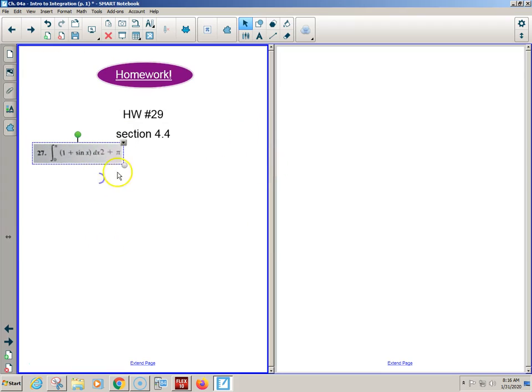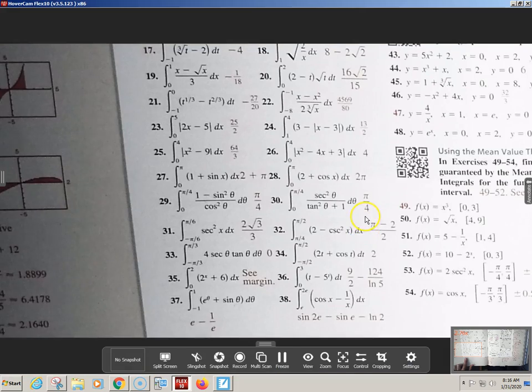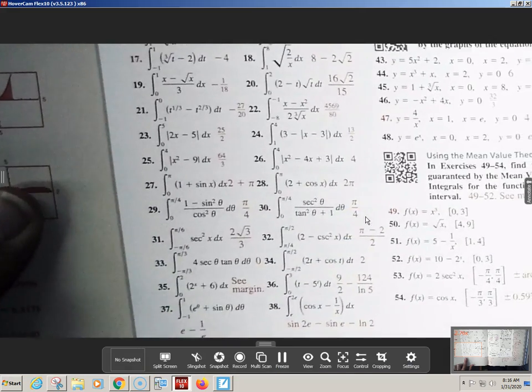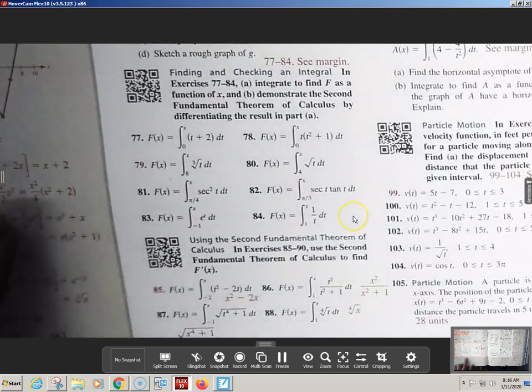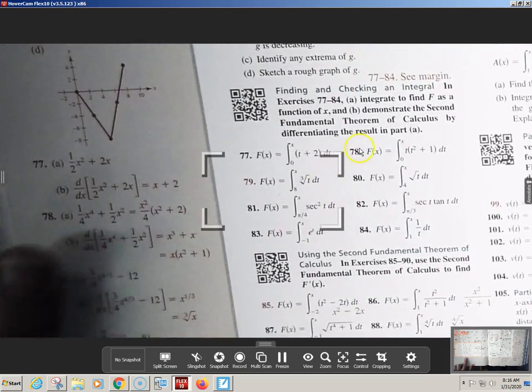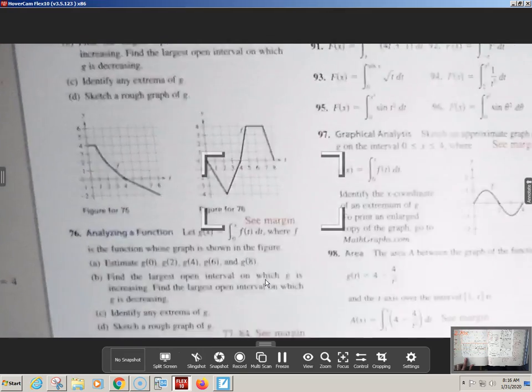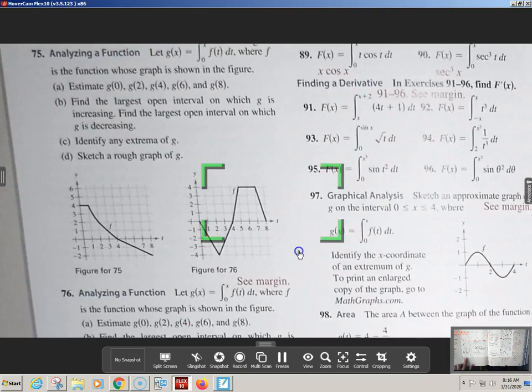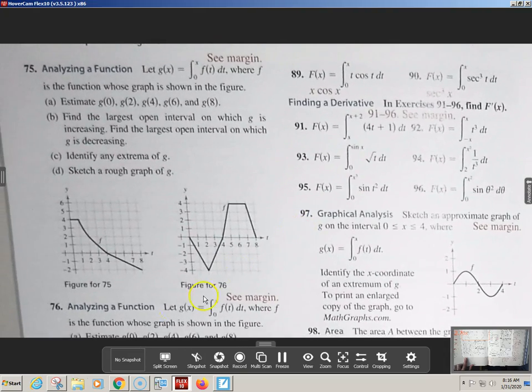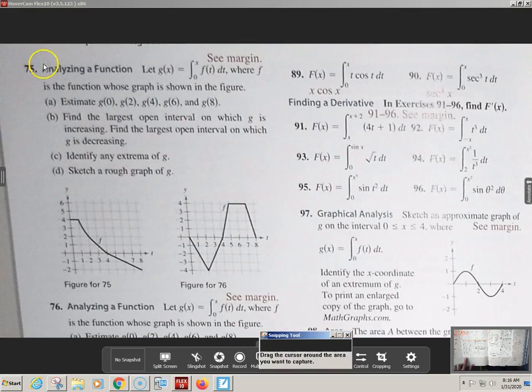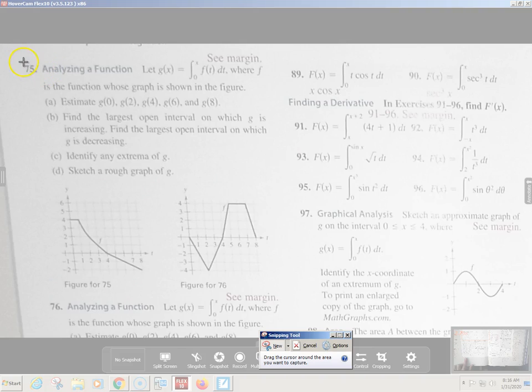Adam, yours is next, which was number 75, yeah? Number 75 is over on this page. Here we go. Which had to do with analysis of a function given a graph. And hopefully you guys realize that graph below, or else, man, that would have been a sad problem. If you guys notice, FTC Part 2.